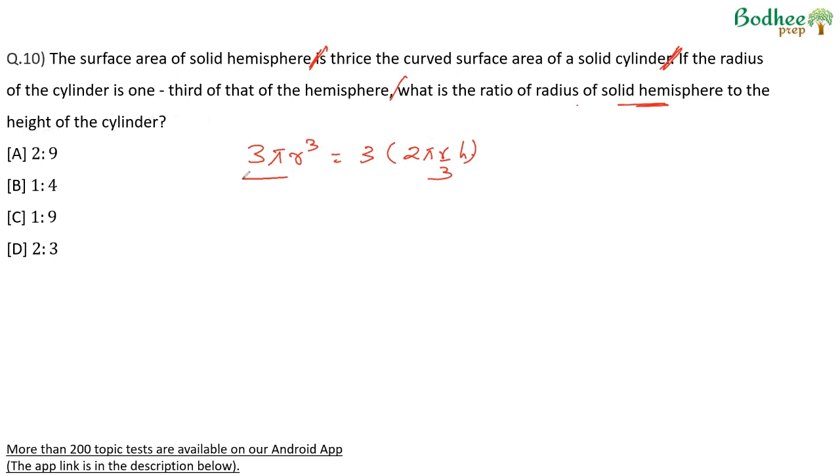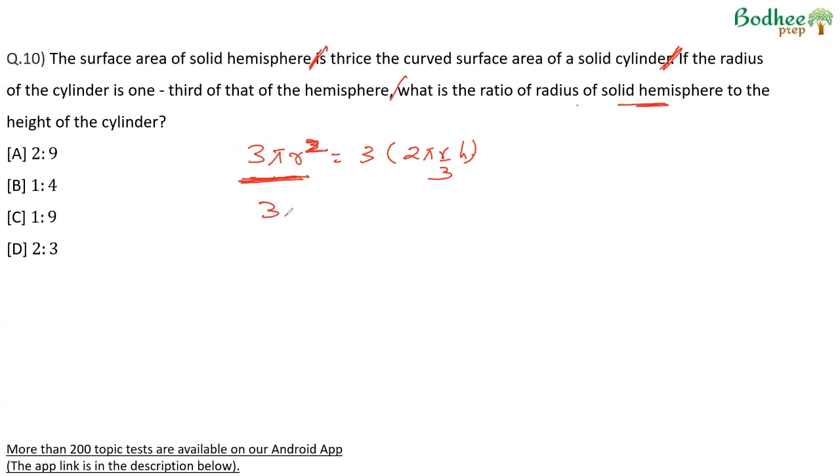It is given that the surface area of the hemisphere, 3 pi r square, is 3 times the curved surface area of the cylinder, 2 pi r h. Also, the radius of the cylinder is 1/3 of the hemisphere.